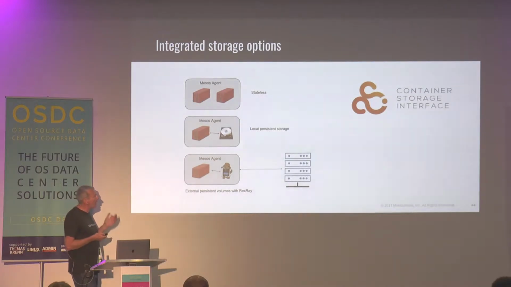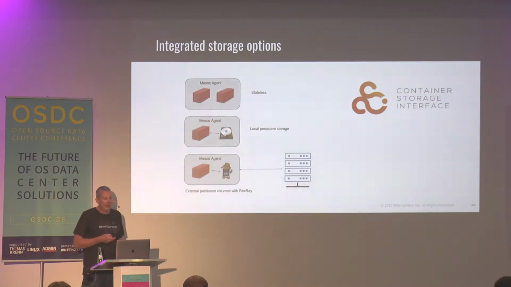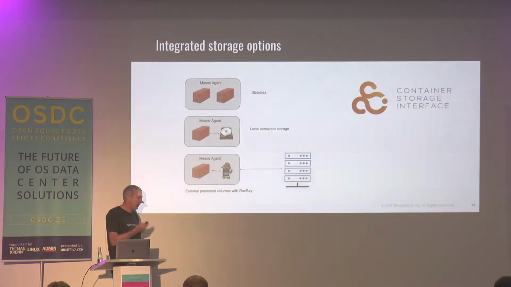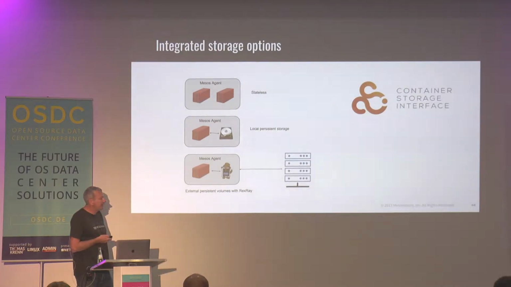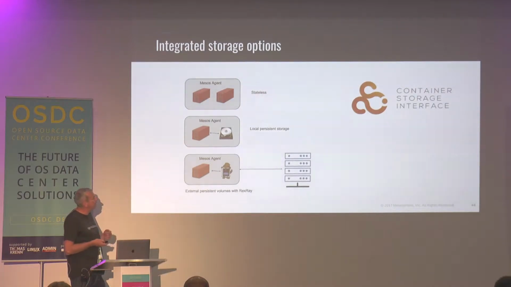So, as I'm sure some of you are aware, there is an emerging standard in this space, the Container Storage Interface, and Mesosphere are part of the core team developing that, and that's integrated into the latest release of DCOS. And we have three other mechanisms for doing storage for containers.